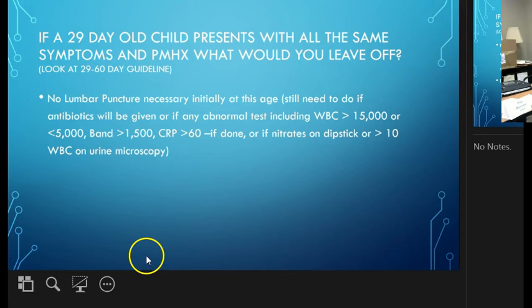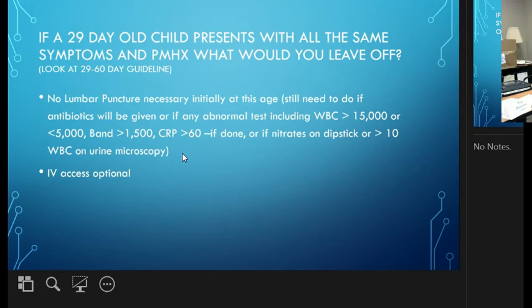You still may need to do a lumbar puncture if antibiotics will be given to the patient, or if there's any abnormal test result, including an elevated white count above 15,000 or a low white blood cell count below 5,000, bands greater than 1,500, a CRP greater than 6, that's a little typo there, if that was ordered, and then if nitrates are positive on the dipstick or greater than 10 WBCs on the urine microscopy, you will need to go ahead and proceed with the lumbar puncture, which is an invasive procedure.